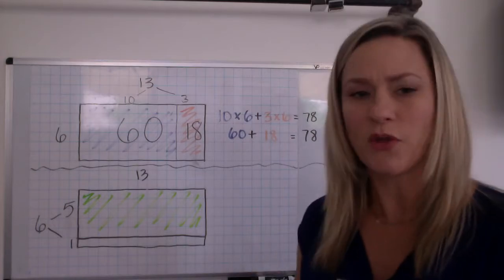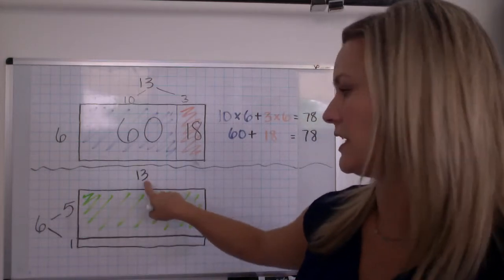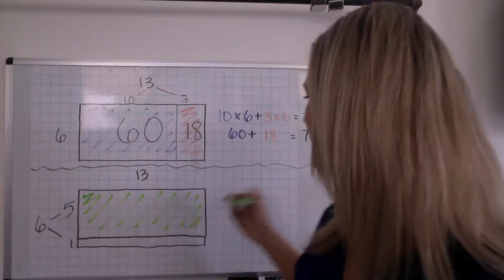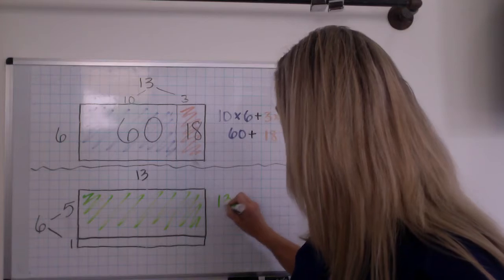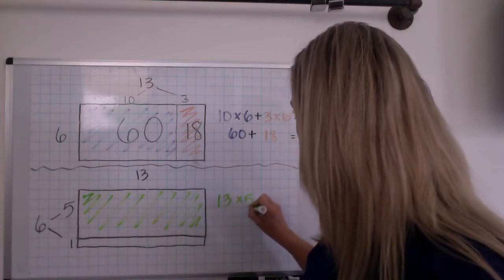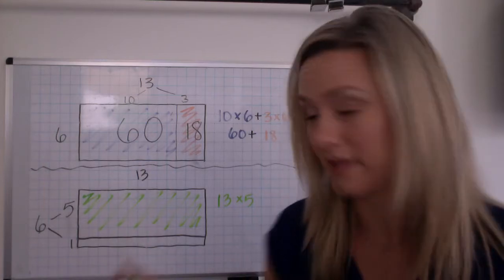So that part was 5 times 13, or 13 times 5, right? So let's write out 13 times 5. And we know that that was 65.